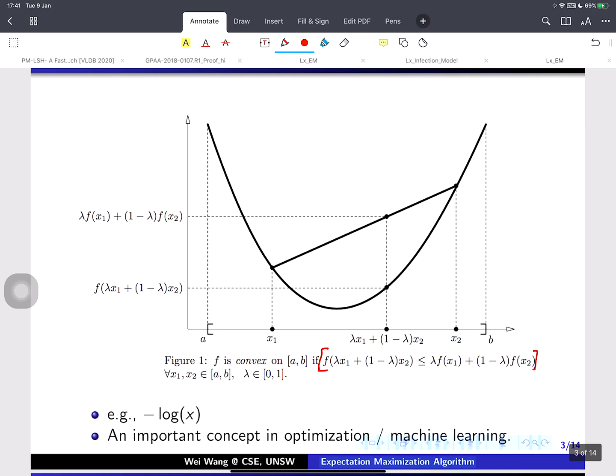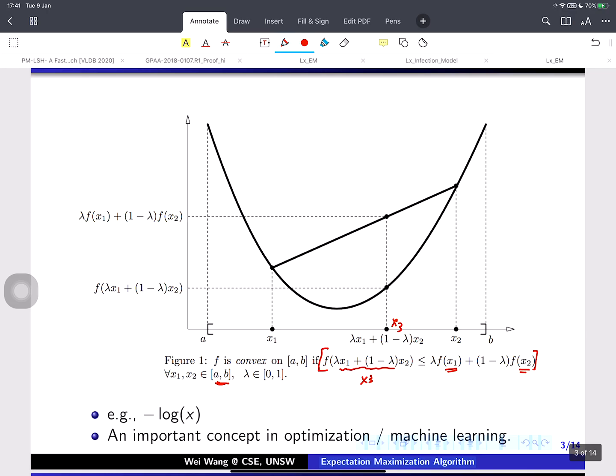Basically, it's a function f, and if you take any two points x1 and x2 within the domain, which is [a, b], that's the domain, since outside the domain the function is not even well defined, then you find another point, which you can think of as x3. So this is x1, x2, and this is x3, and x3 is somewhere in between.